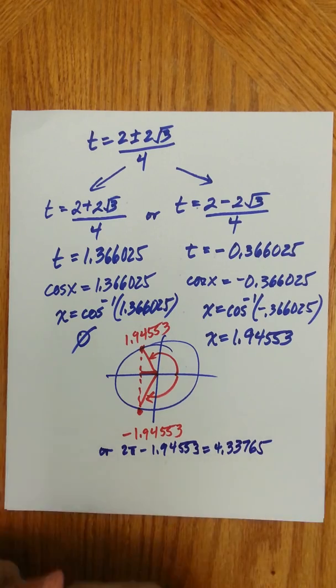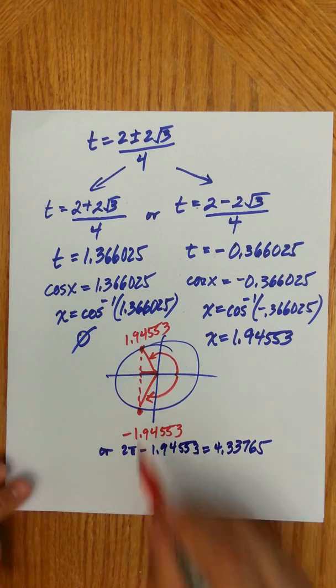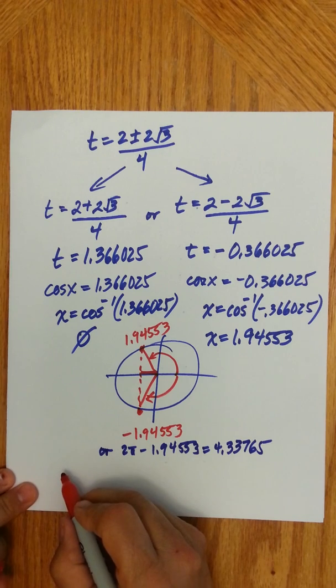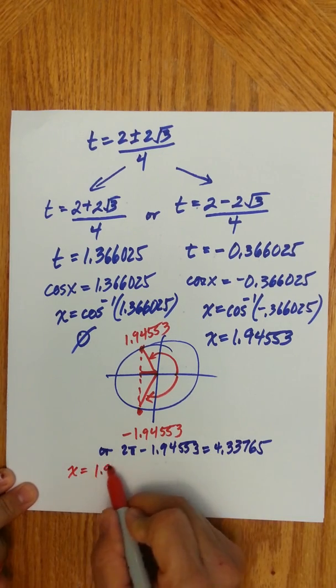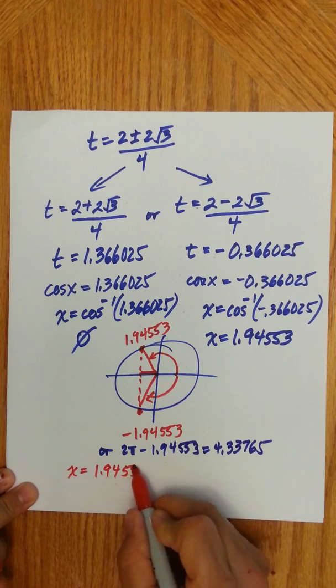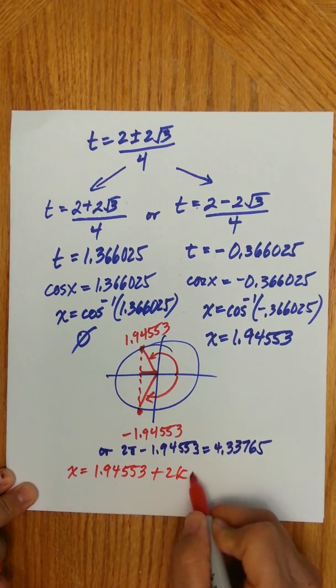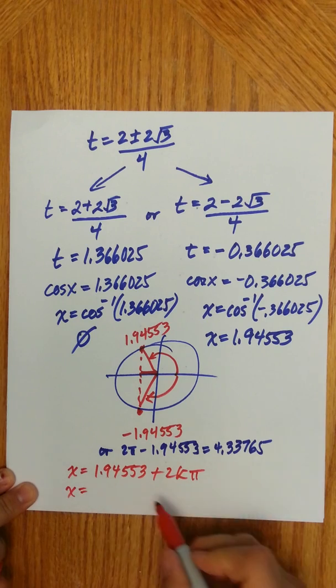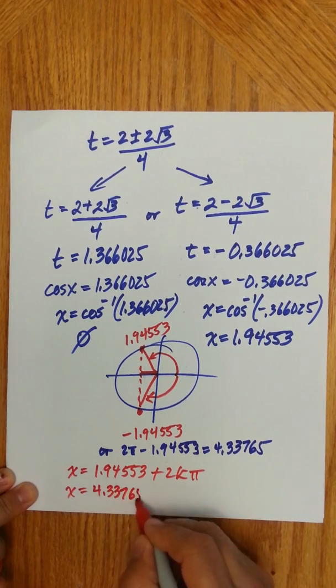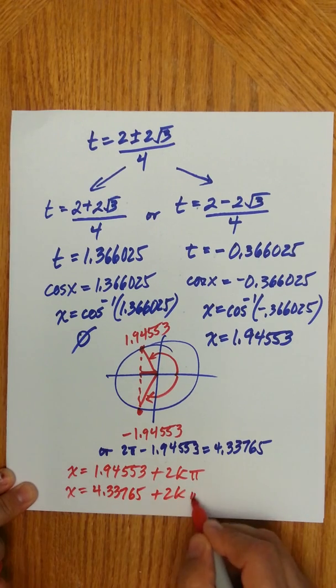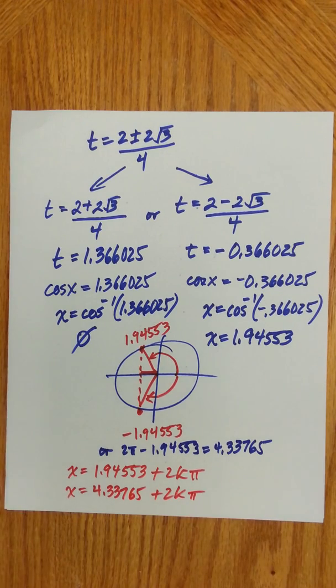You can do it that way. But now what I've got are my two solutions here and here. If I want the infinite generators, I'll have x is 1.94553 plus 2k pi, and x equals, we'll use this one, 4.33765 plus 2k pi. Okay? Thanks so much for listening.